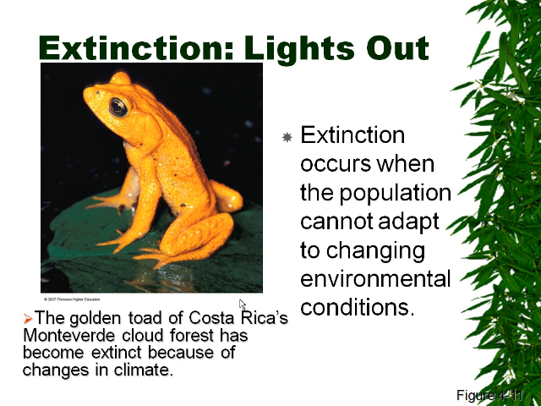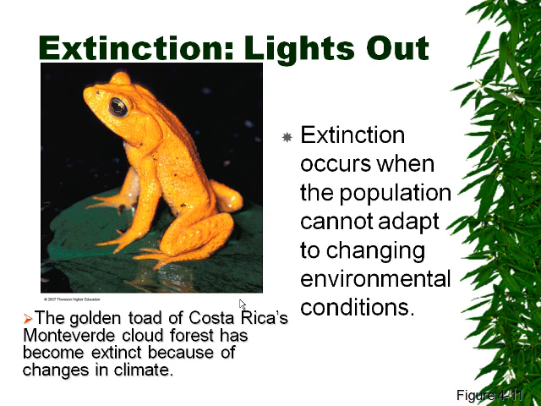So extinction occurs when the population can't adapt to a changing environment. So when that population is outcompeted by another species, loses its natural habitat, or the climate changes, whatever the case, a drastic change occurs either instantaneously or over time, and that population can't cope with that, can't change to accept that.